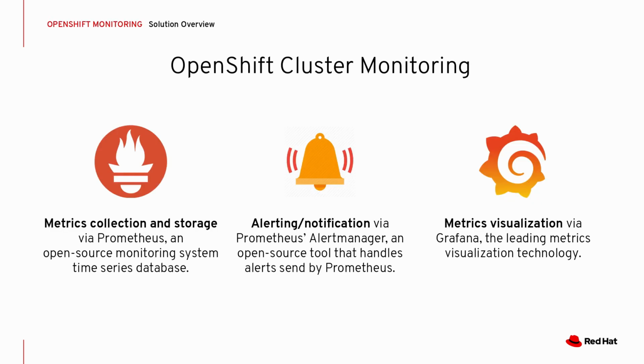So also an additional component, which is also installed by default in OpenShift, is the cluster monitoring. It is based on the de facto standard solution for monitoring in containerized environments: Prometheus as a metric store, Prometheus Alert Manager for creating alerts and sending notifications on them, and Grafana for metrics visualization.